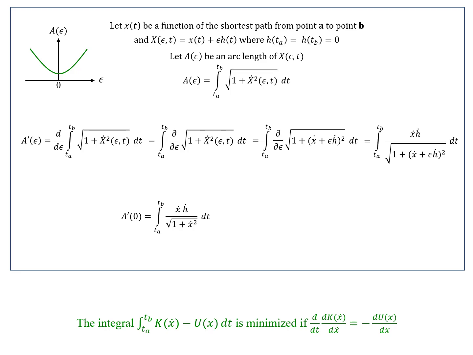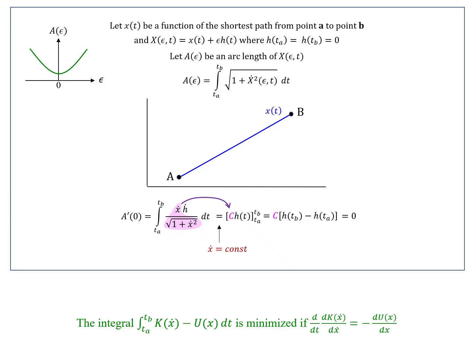From the graph, A prime 0 is 0, and this would be the case if the entity in the pink area is a constant. This implies that x dot has to be a constant. Since a straight line has a constant slope, x would be a straight line, and that concludes our proof.